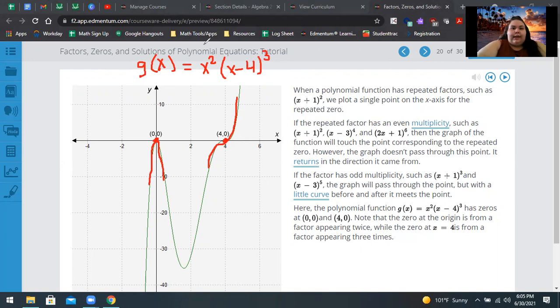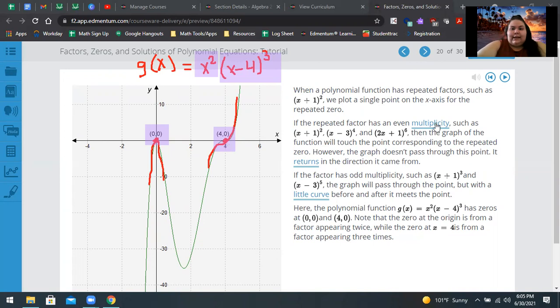So we know that x squared will give us the intercept of 0, 0. Because it is raised to the 2 power, it's going to touch and bounce away. x minus 4 to the third power provides us our intercept at 4, but because it is raised to an odd power, it is going to go through.